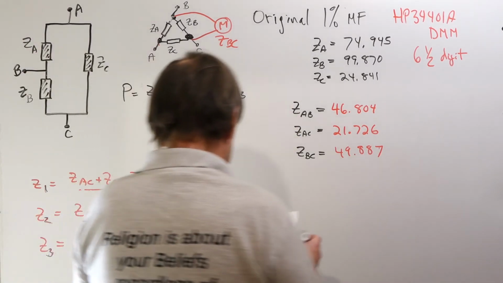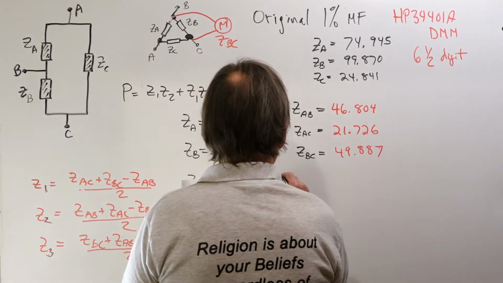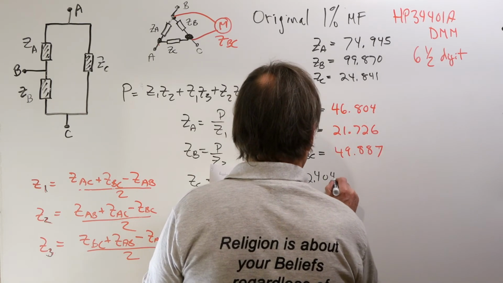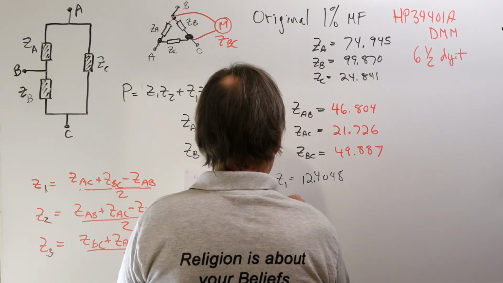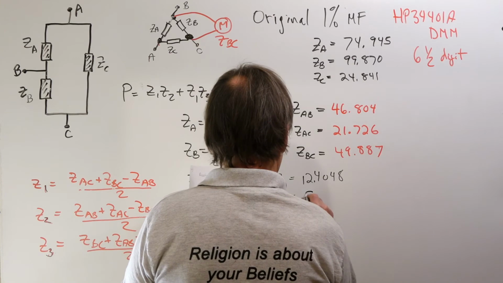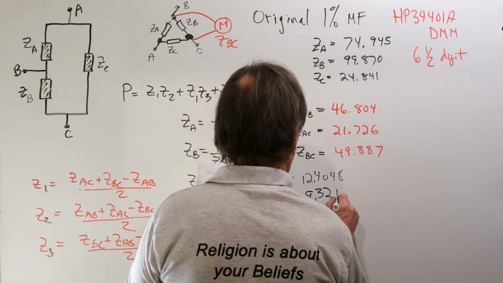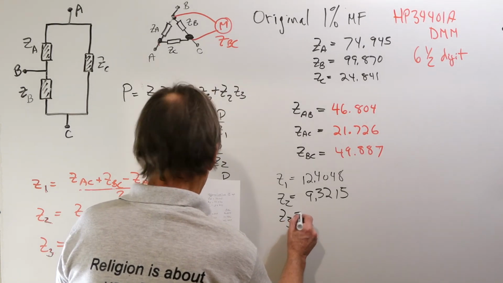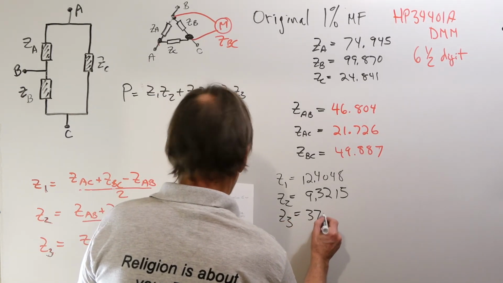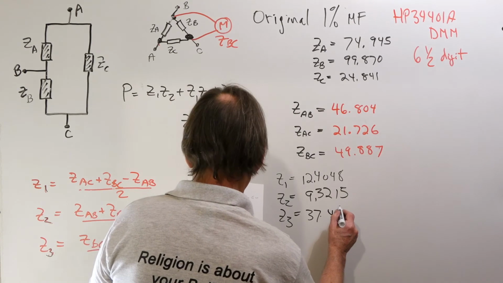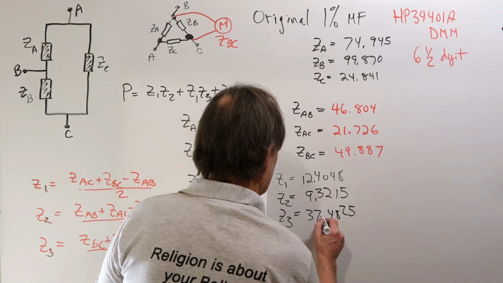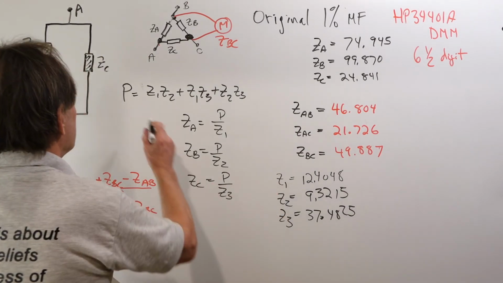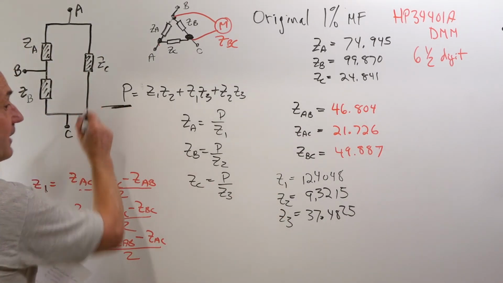Putting these values in, Z1 computes to 12.4048 ohms, Z2 computes to 9.3215, and Z3 computes to 37.4825. Now, using these values for Z1, Z2, Z3, we can calculate the P value.